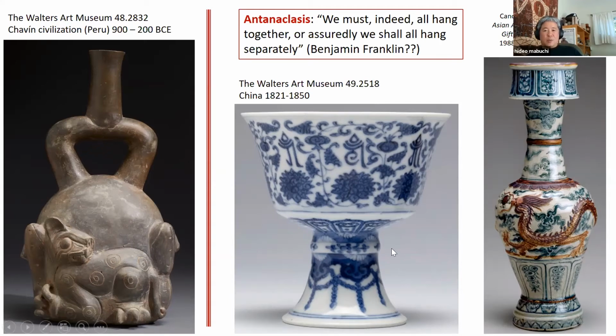Here, I think you're a little bit better off, but maybe the best example is this one over here, another Peruvian piece, this time from the Chavin civilization. And so what you have is another stirrup handle pouring vessel, but the form that I see repeated is this almost trapezoidal form, which to me is repeated in this cat that's coiled up and ready to jump.